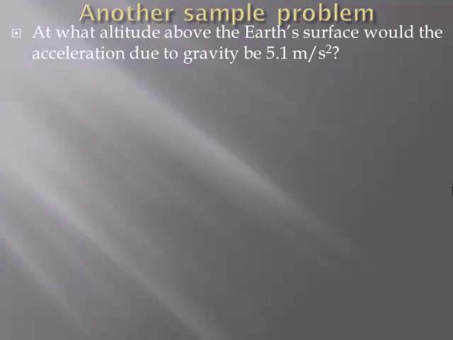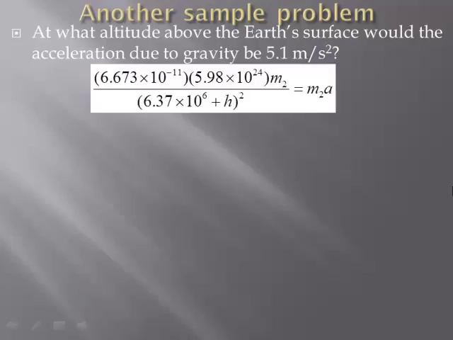So for another sample problem, at what altitude above the Earth's surface would the acceleration due to gravity be 5.1 meters per second squared? So this is maybe a little bit trickier. Instead of solving for A, we would be solving for H. So we plug in numbers. Again, the m2's would cancel out.